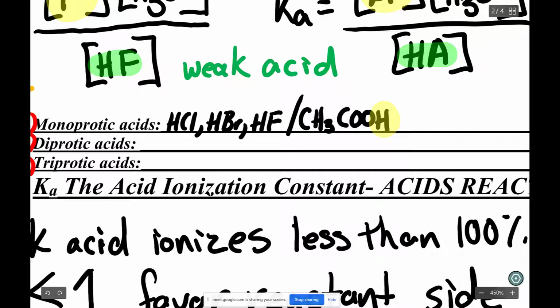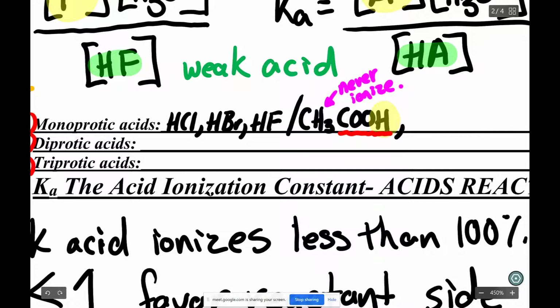This COOH is called the carboxylic acid group. Only this H can be donated because there's an extremely polar bond between the hydrogen and oxygen. These hydrogens, which are attached to the carbon group, can never ionize. And therefore, this would be monoprotic only because it only has one COOH group.